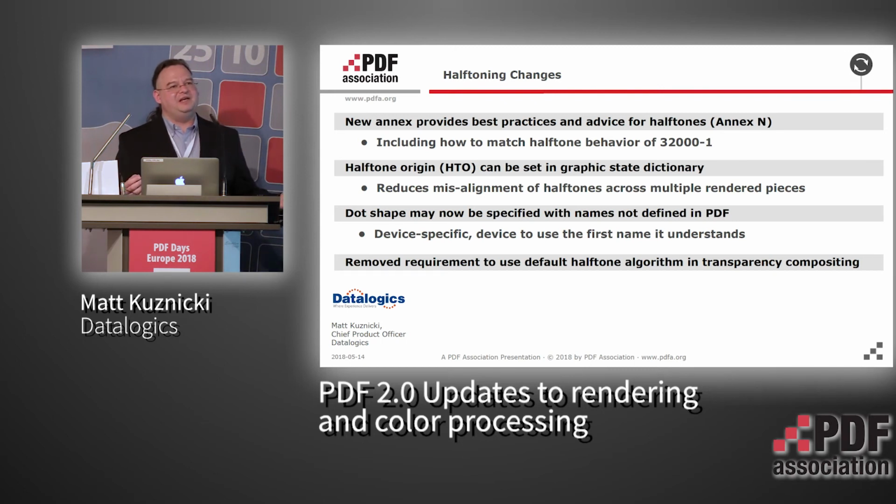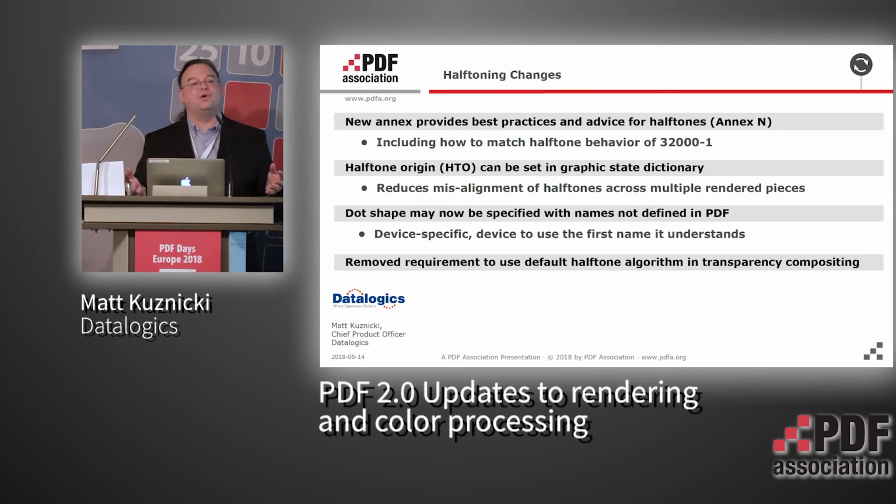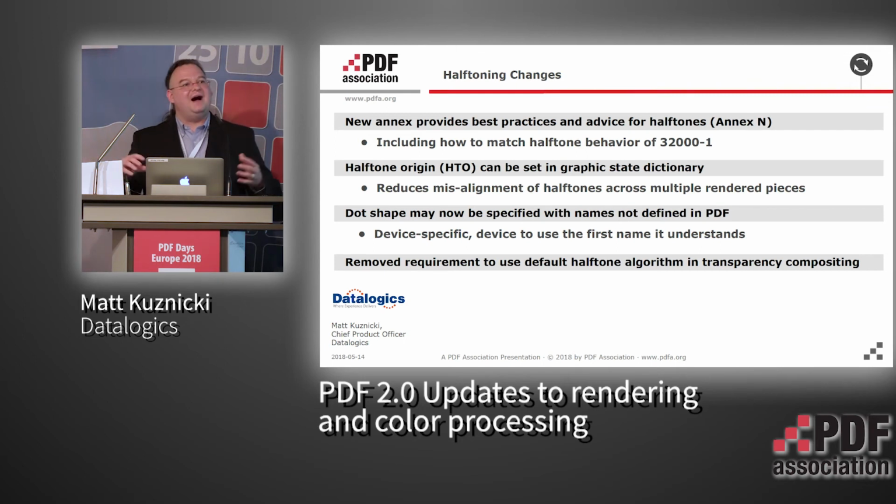There's a new graphics state dictionary parameter, halftone origin, which allows you to specify a non-zero-zero origin point for your halftone functions, which can be used to reduce the misalignment that you can see sometimes in halftones across multiple pieces of rendered PDF page content when these are slightly out of alignment.